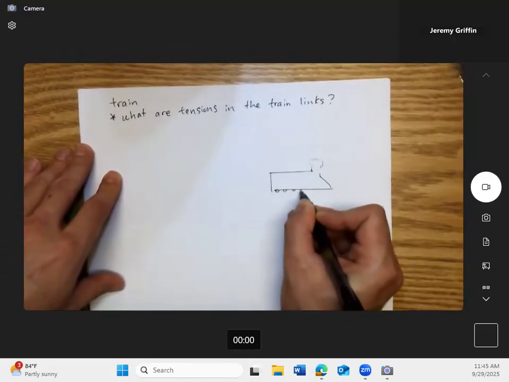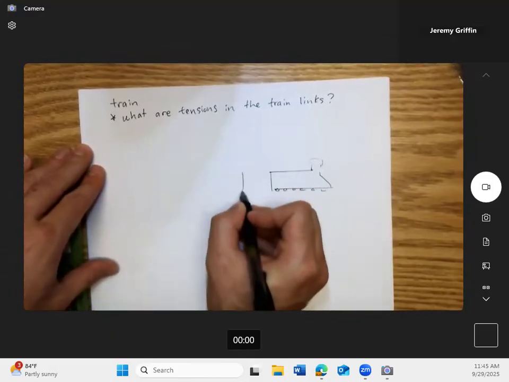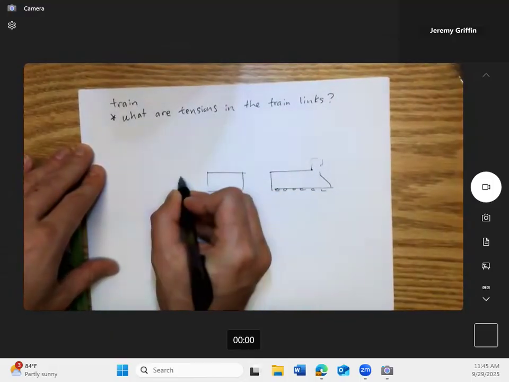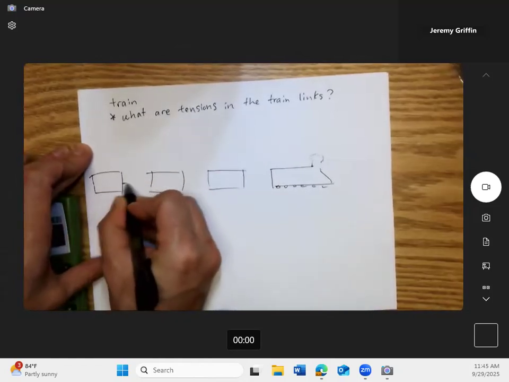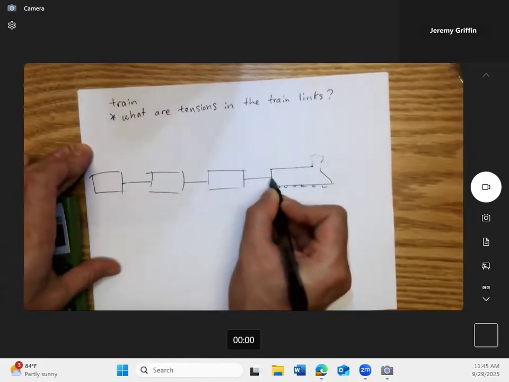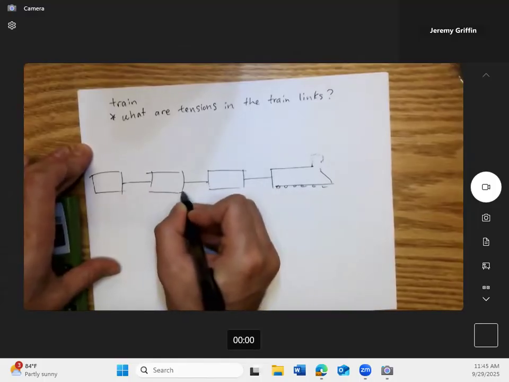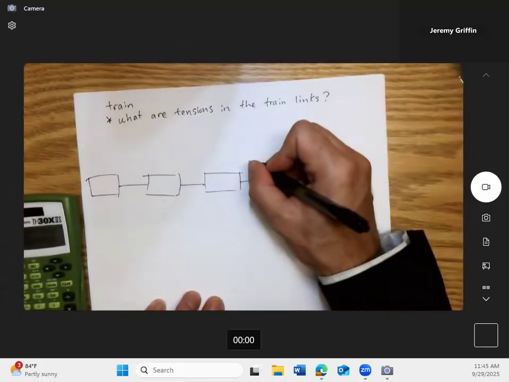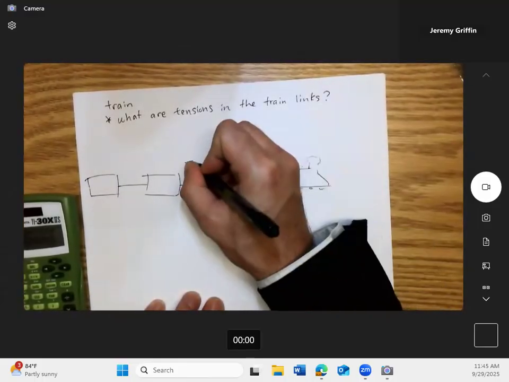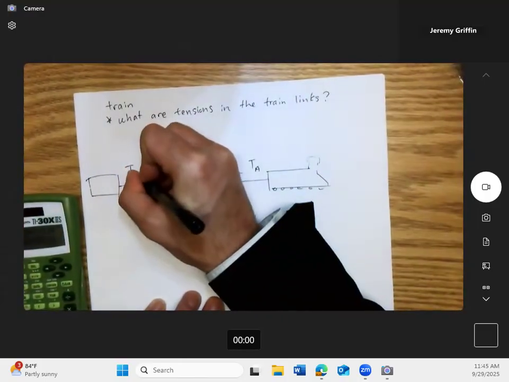Got little train wheels on it. And then let's have some box cars. Box car, box car, box car. And these are all connected by links. Making the links pretty big just to make them apparent they're definitely there. And then maybe I'll call this tension A, call this tension B, and tension C.